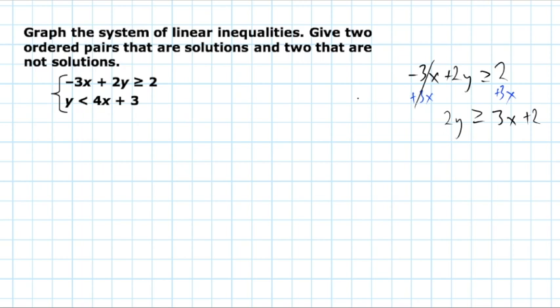So the last thing I need to do is divide both sides by 2, which is the same as dividing every single term that you see by 2. So on the left side, that's just going to cancel. On the right side, I'm going to keep that fraction of 3/2 because we're talking about slope, and 2 divided by 2 is just 1.